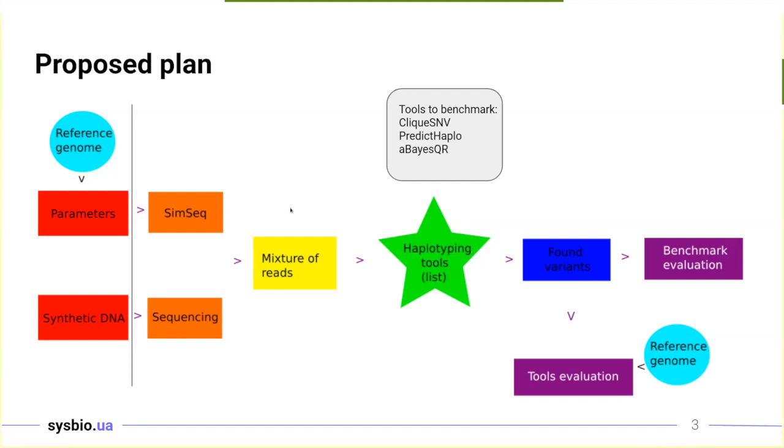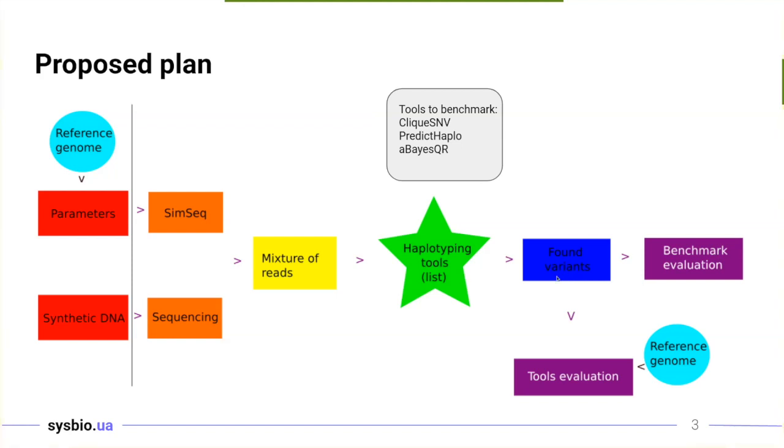To benchmark these tools, we are using a synthetic data set, which we construct by using the simulation tool SimSec, which we feed with parameters we set and reference genomes for the viruses. We get an output in the form of sequencing reads, a list of reads, and we test our tools with those reads.